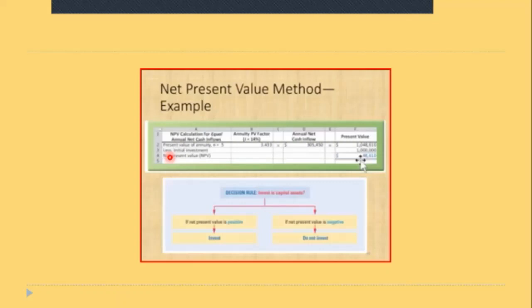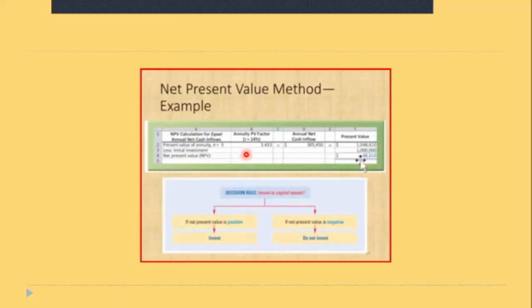The present value of the annuity is 1,048,410, less the initial investment of 1 million, and we get a positive net present value.